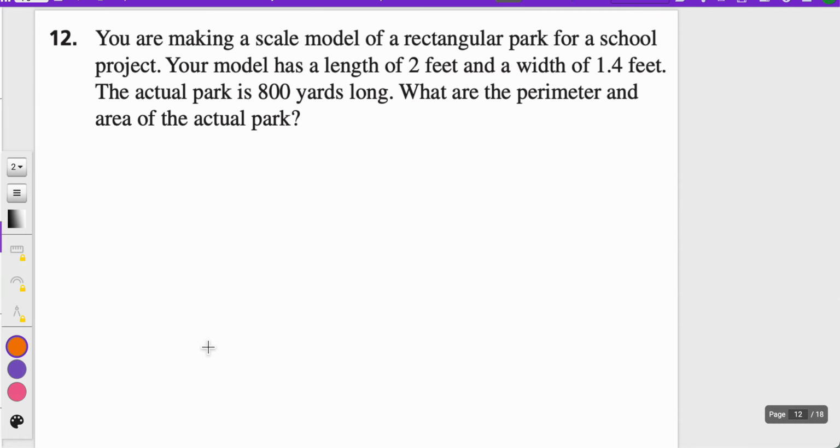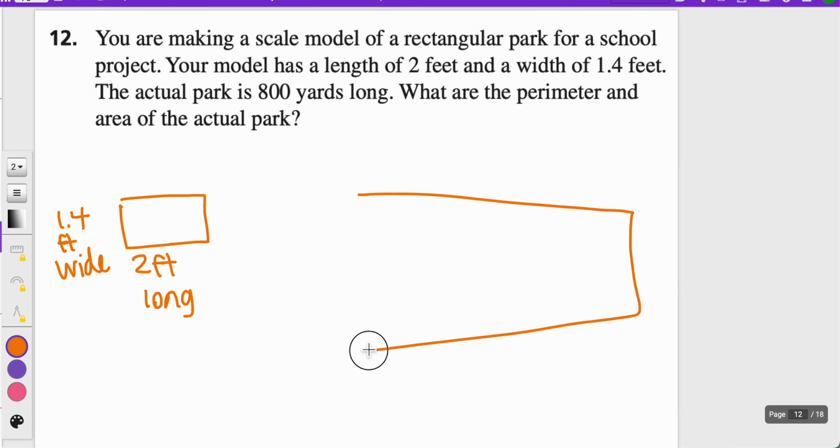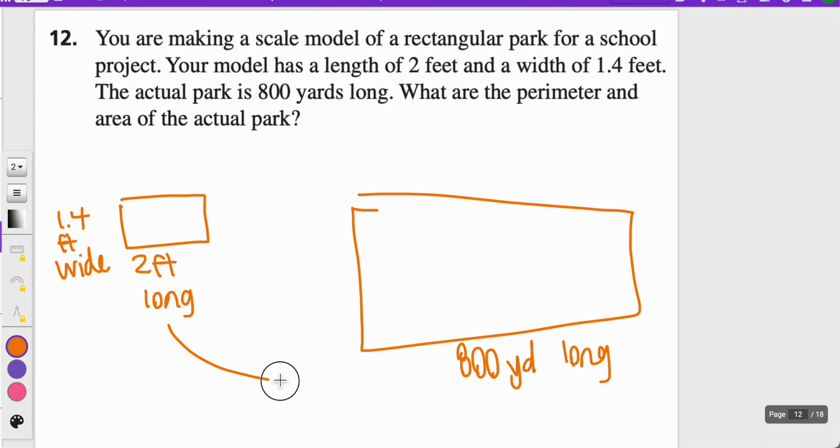Then our last one, best to draw a picture. 2 feet long, 1.4 feet wide. Actual park, not drawn to scale, 800 yards long. So I just looked at, well, what's my relationship from 2 to 800? That's times 400.